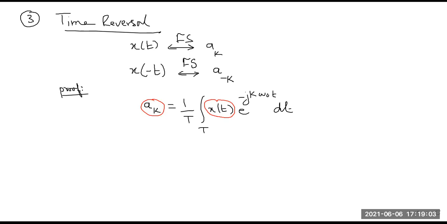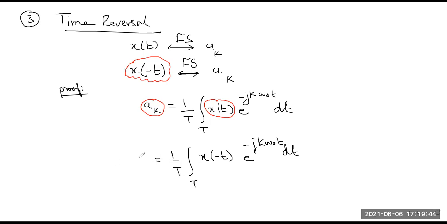Now, the signal for which I want to find the Fourier coefficient is x of minus t. So what is going to be the Fourier coefficient of this signal? x of minus t, e power minus j k omega naught t, integration over one time period.